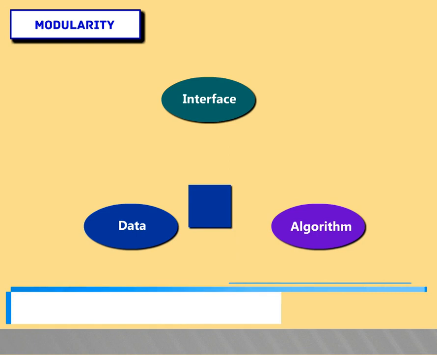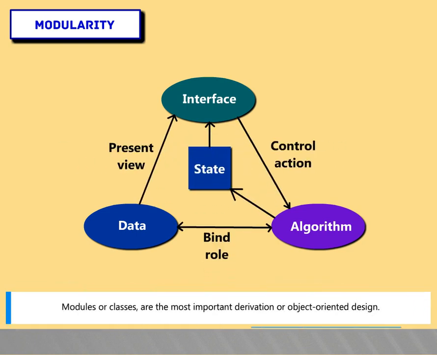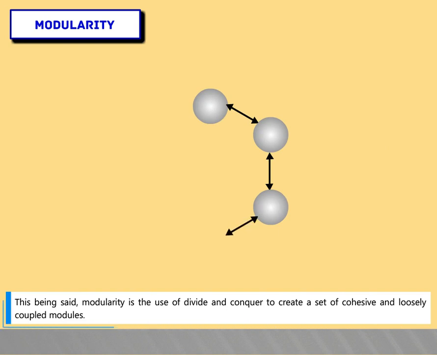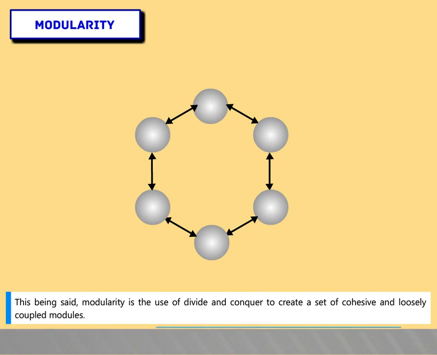Modularity. Modules or classes are the most important derivation of object-oriented design. This being said, modularity is the use of divide and conquer to create a set of cohesive and loosely coupled modules.